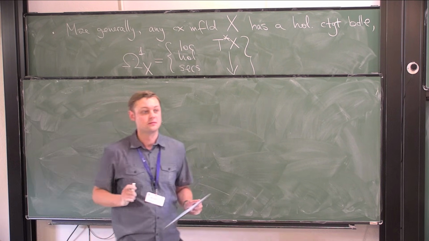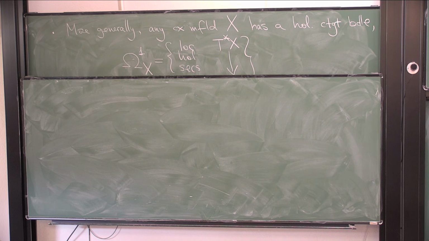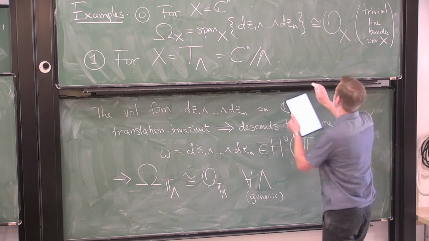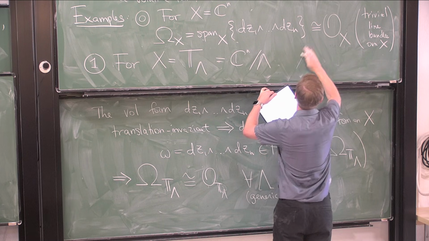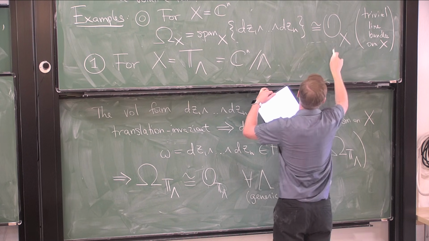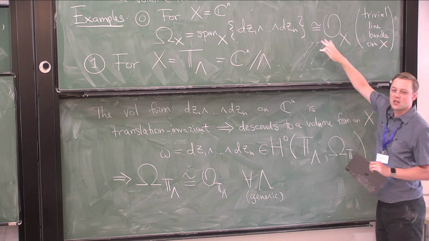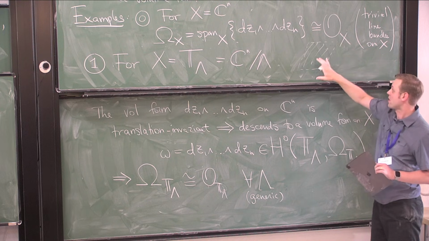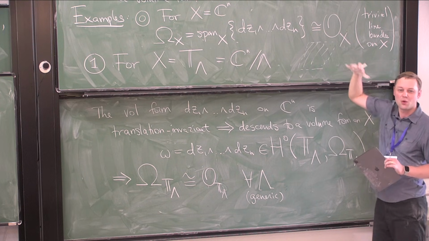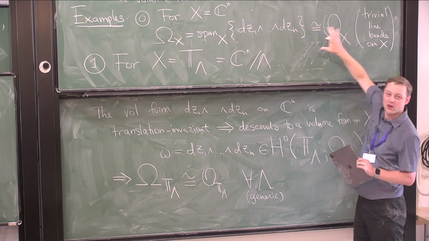Even though you can't find a global chart, you can always find a global volume form. That's right. Remember what I was suggesting, this picture of this parallelogram. There's no way we can cover the whole parallelogram, including the boundaries, in a one-to-one fashion, but we could cover it with smaller parallelograms like this.